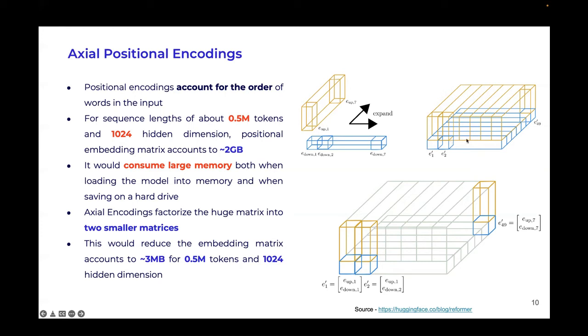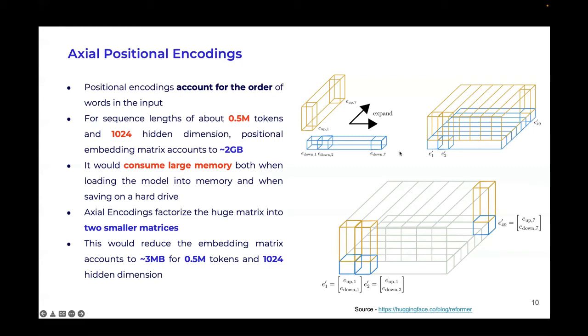Here is an example to make it easy to visualize how axial positional encodings work. Suppose there are 49 tokens in a particular sequence, and each token has 4 as the hidden dimension. So this will be a 49 by 4 matrix. At the top, you can see there are 49 tokens, E1 to E49, each with 4 as the hidden dimension.